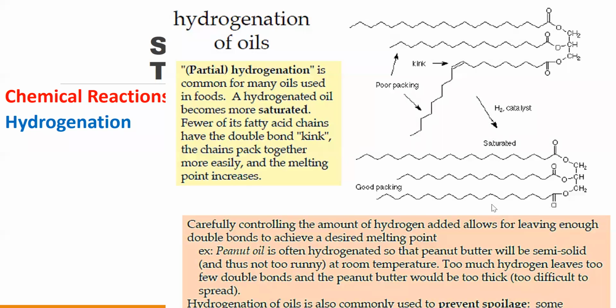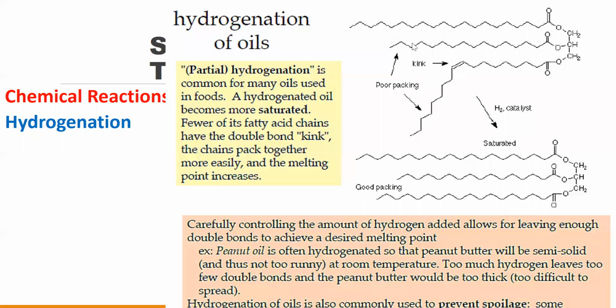And the more forces of interaction between molecules, you would expect this one to have a higher melting point as compared to when you have your double bond. You can see kinking, and the distance between the chains would increase, and you would expect there is a poor packing, and because of that, there is a lesser force of interaction.